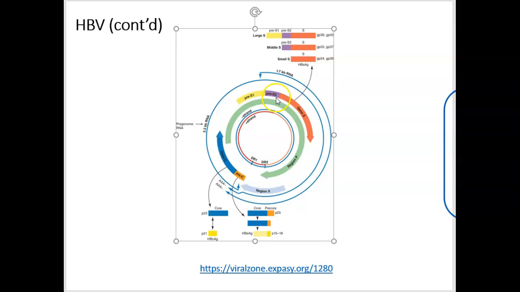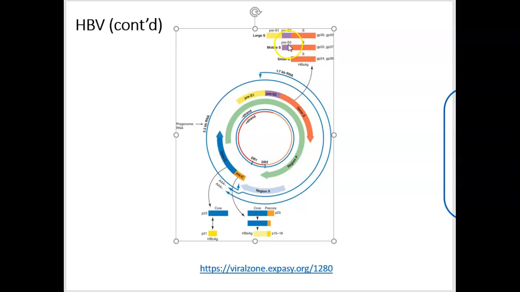Now, there's a couple things to note about the gene expression of hepatitis B. So we've got segments. Some of these transcripts are going to be alternatively spliced, and some aren't. In order to get expression of some of the genes, hepatitis B uses leaky scanning.